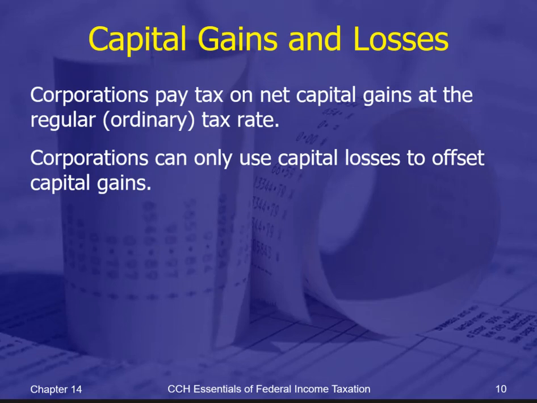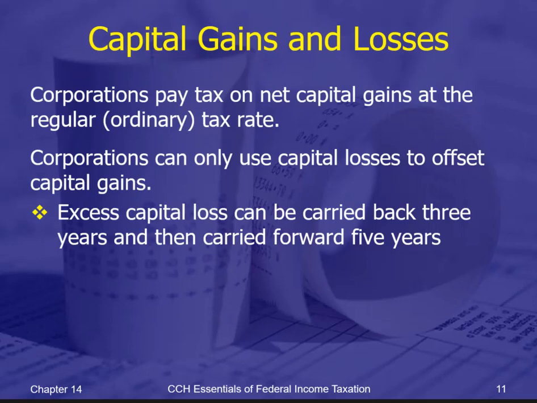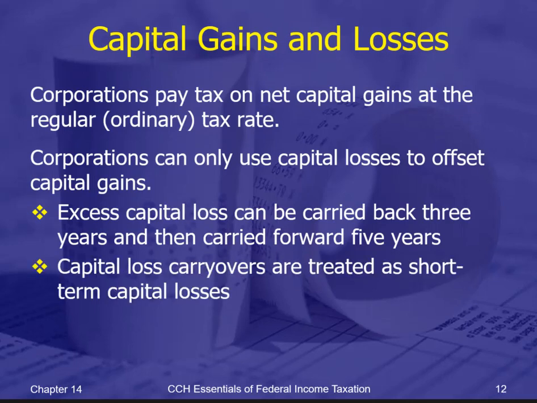That is not the case for corporations. C corporations can only use capital losses to offset capital gains. They can go back 3 years and then forward 5 years, so it's kind of a consolation prize. You can't use it in the current year, but you could carry it back to find capital gains. In those past years you can't use it to offset regular income, only capital gains. And everything that's carried forward is treated as short term.